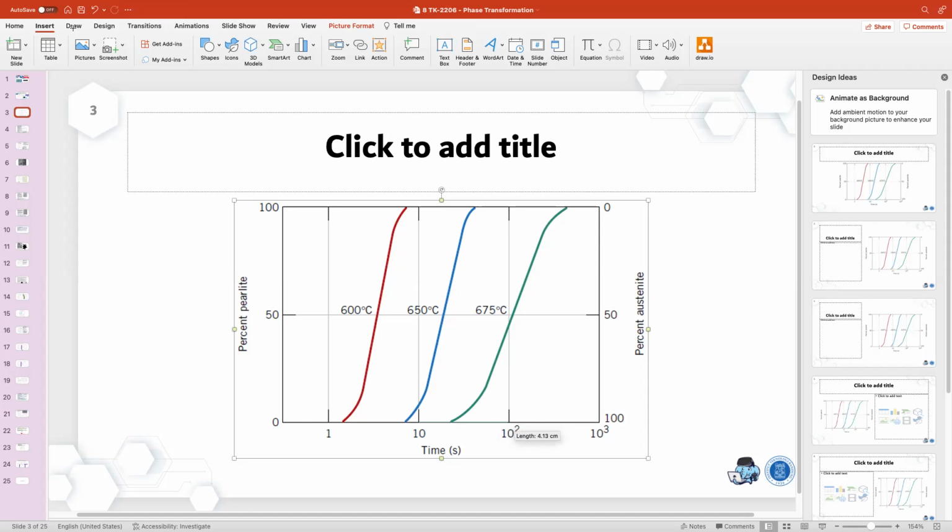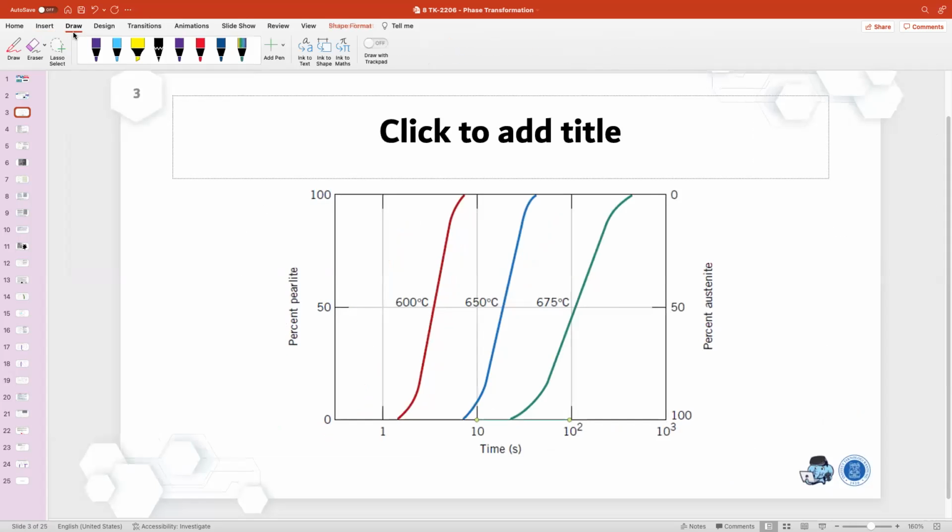So here the scale is 1.5 divided by 4.2.